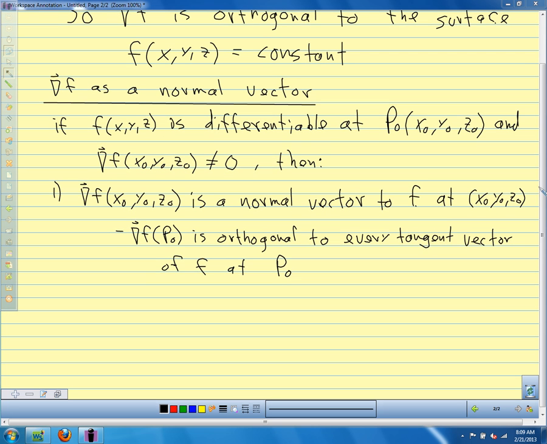So the gradient is normal to our surface, and it's going to be orthogonal to every tangent vector. We call the plane that is normal to del f at our particular point the tangent plane to the surface.